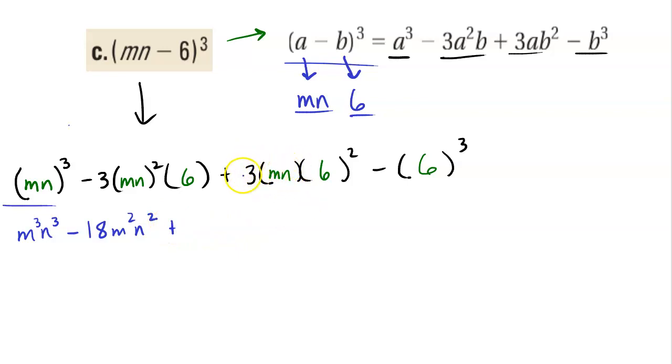Okay, so now I have 3 times 6 squared. So 3 times 6 squared, we could make multiple steps of this, but 6 squared is 36. And 36 times 3 is 108. So this is 108, 3 times 6 squared. And then we have mn here, so that just stays as m times n.